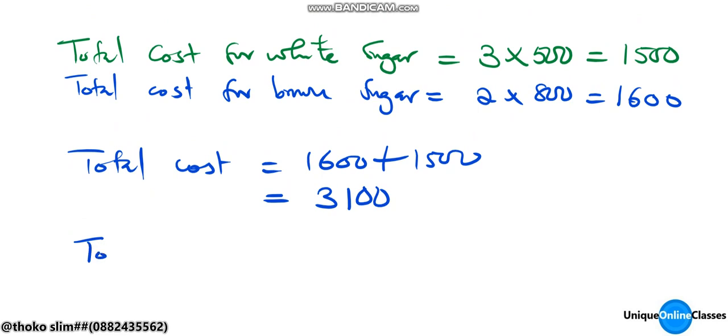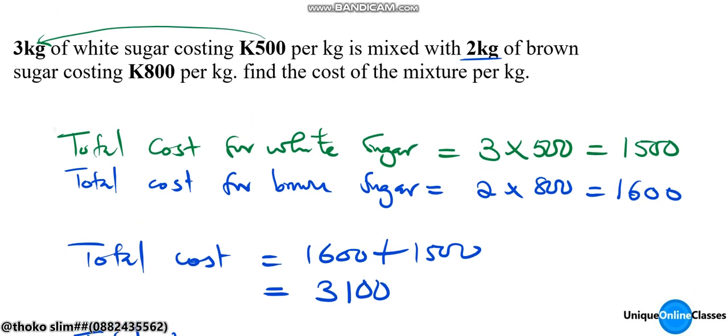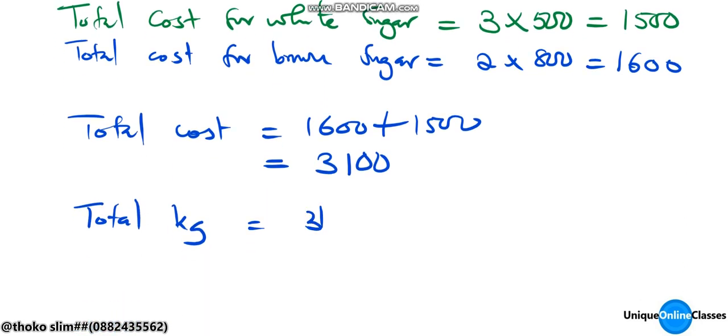And the total kgs, that's 3 kgs plus 2 kgs, which is 5 kgs. So to find the cost per kg of the mixture, it's just a matter of dividing the total cost by the total kgs.